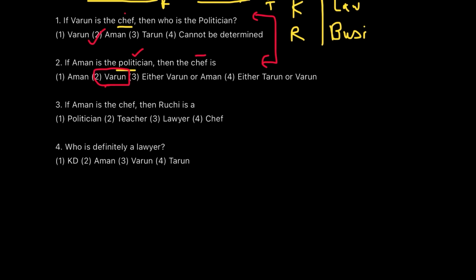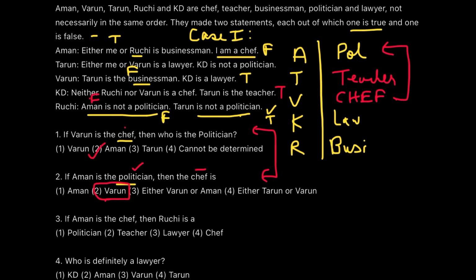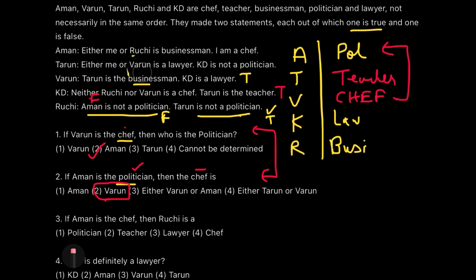Now, this is altogether an additional scenario where I have to consider Aman to be the chef. So, the things which I have made over here and the true and false I have mentioned, I would be actually deleting it to cover up the other questions. So I'll just delete the true and false part over here, and then we will look forward to make the case number 2.